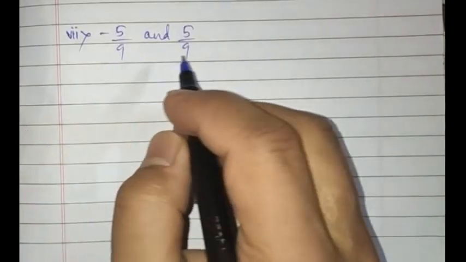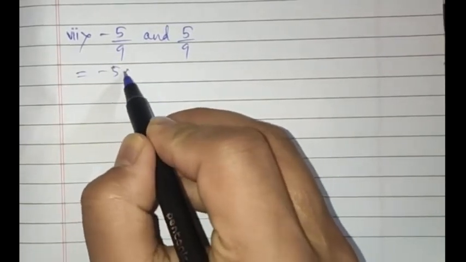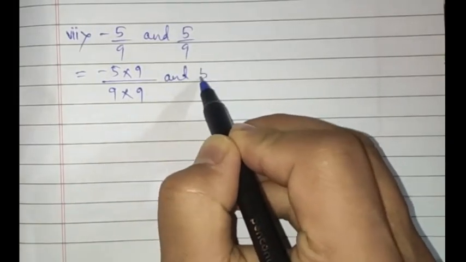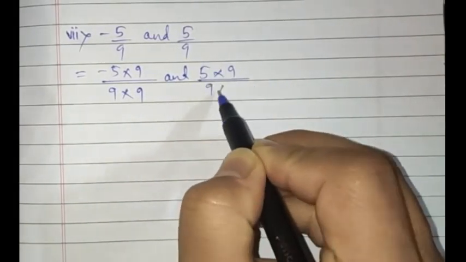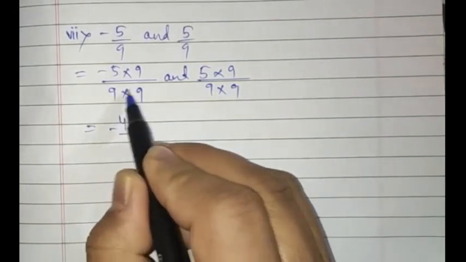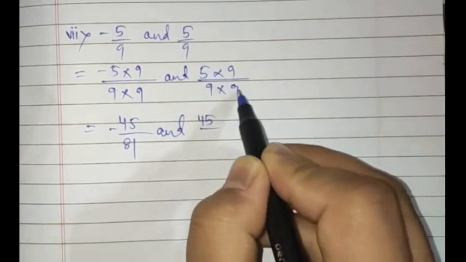Moving to the last home assignment from question number 6, it is minus 5 into 9 by 9 into 9 and 5 into 9 by 9 into 9, right? So 5 9s are 45, minus, 9 9s are 81, and 9 5s are 45 and 9 9s are 81.